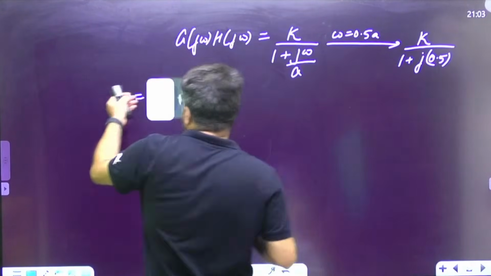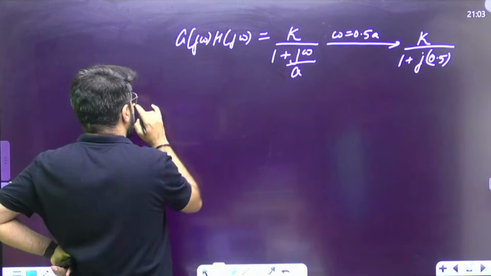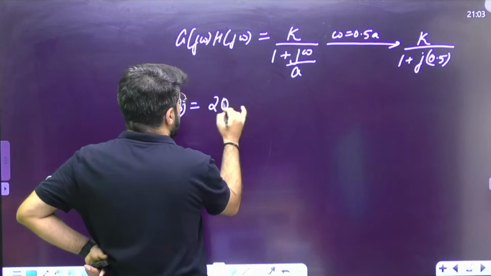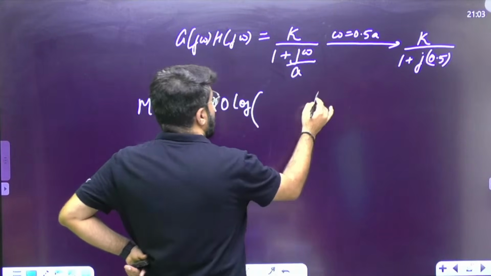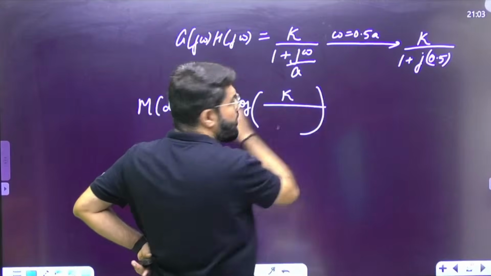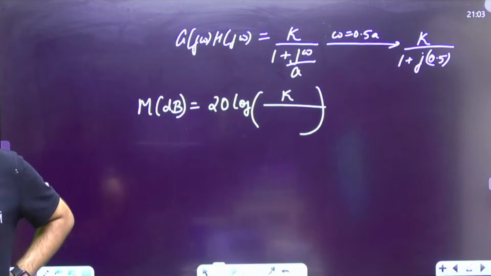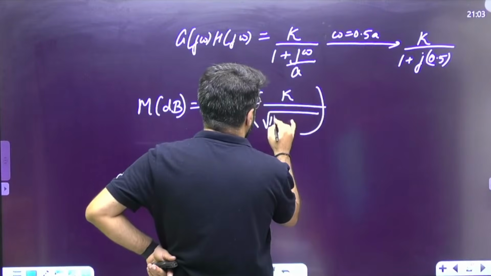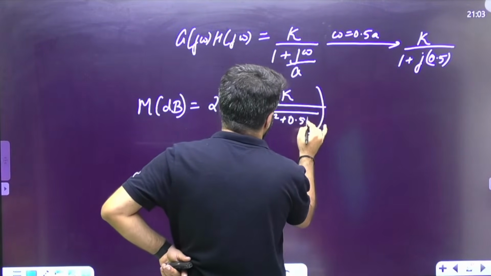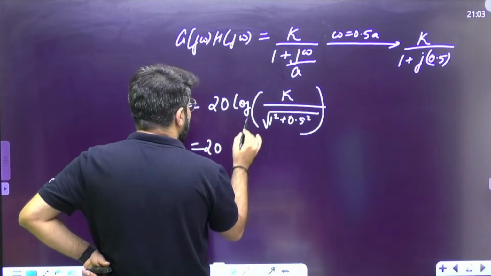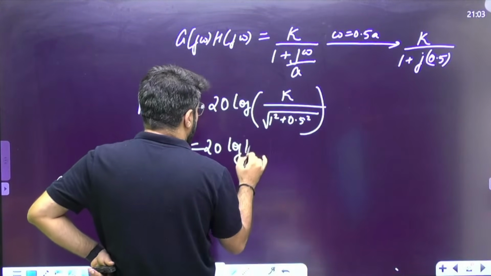Now what is the magnitude of this? What is the magnitude in decibel? In decibel it is 20 log of, now what is the exact magnitude of this? K, the denominator is a complex number, so we have to do root over x square plus y square, so root over 1 square plus 0.5 square. Now this I will write as 20 log, log a by b is log a minus log b.